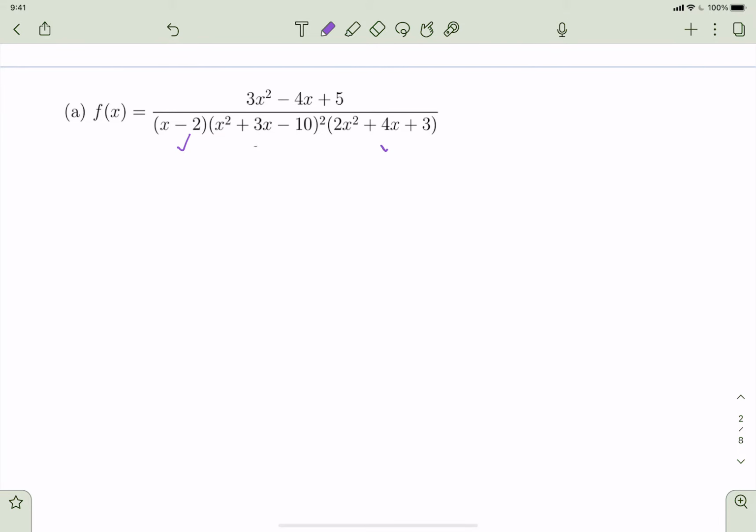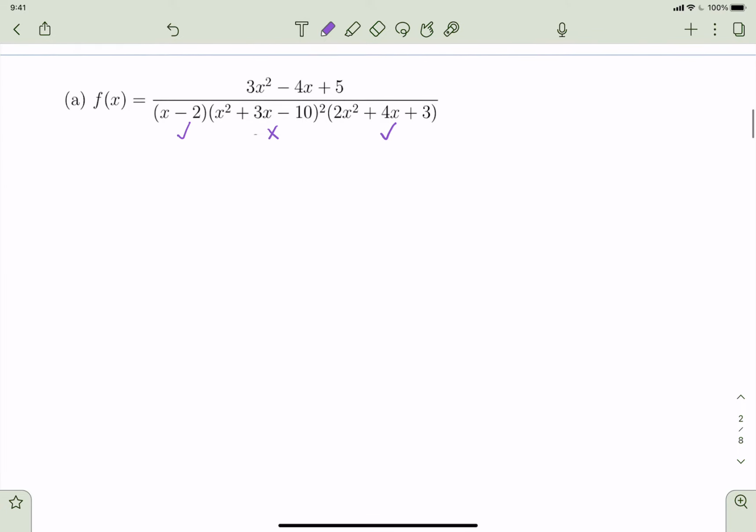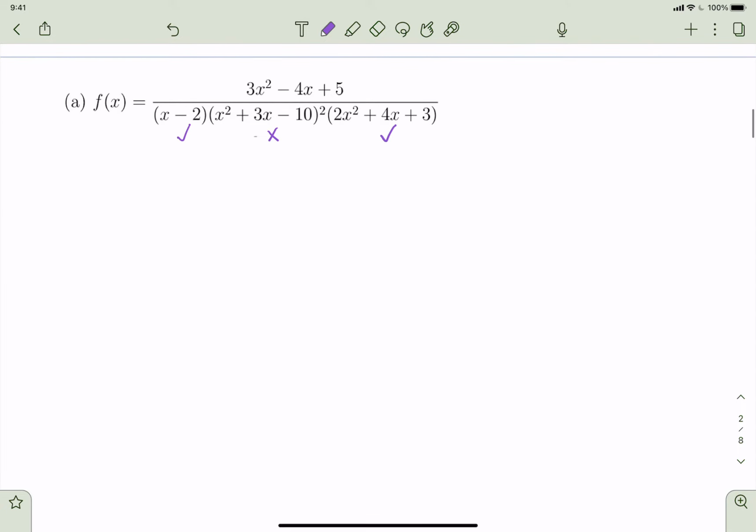And this one is also irreducible because you can check the discriminant delta, right? If delta is less than 0, then it's irreducible. However, this one is not irreducible, right? We can reduce this one. This one, x squared plus 3x minus 10, can be reduced to x plus 5 times x minus 2, right?